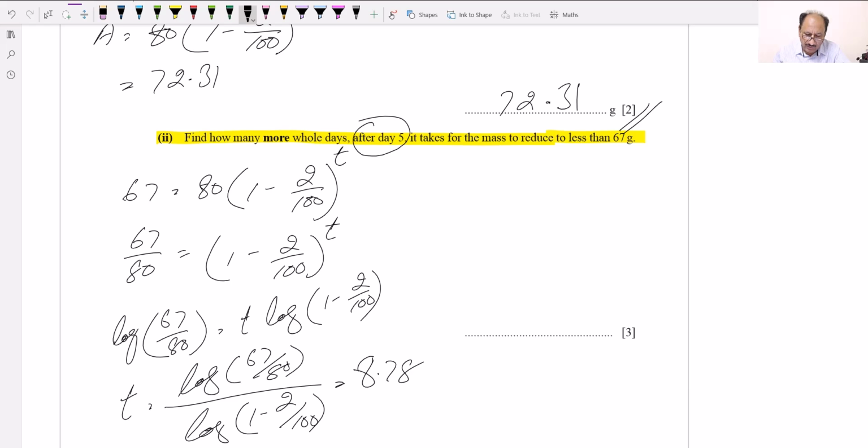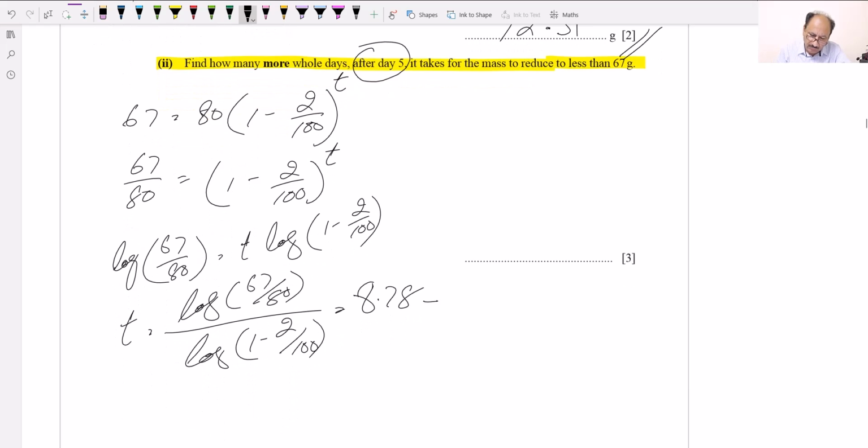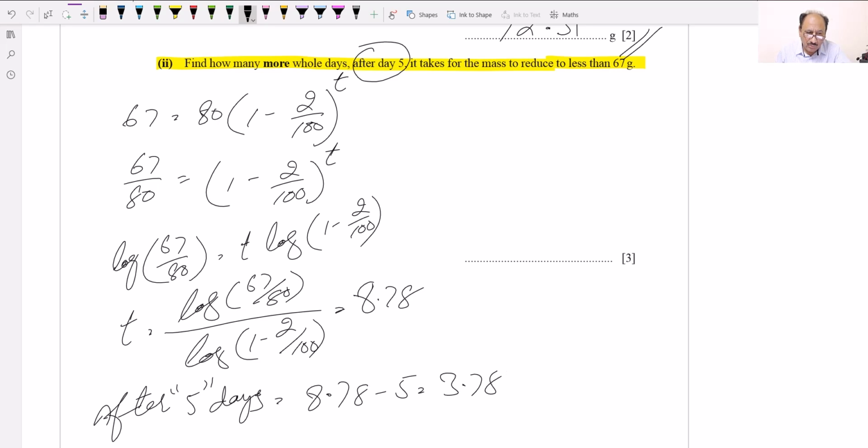So after 5, we can write minus 5, so this will be 8.78 minus 5, which is equal to 3.78. So approximately we can write it as 4 days, so 4 days will be our answer.